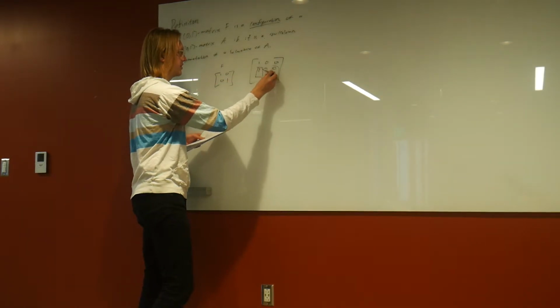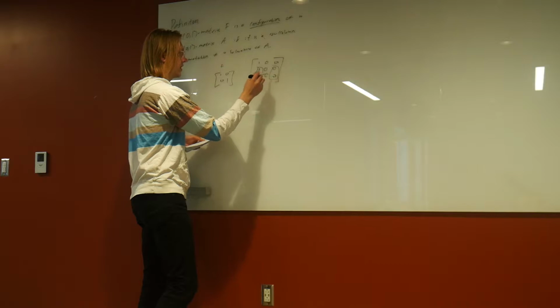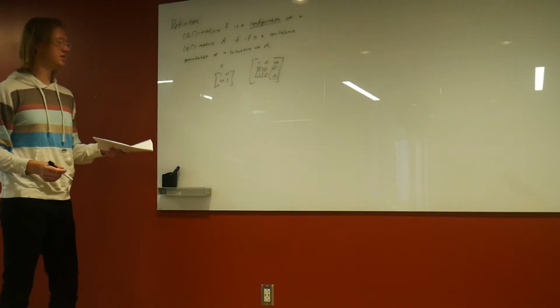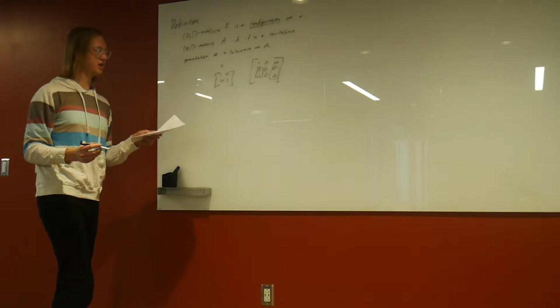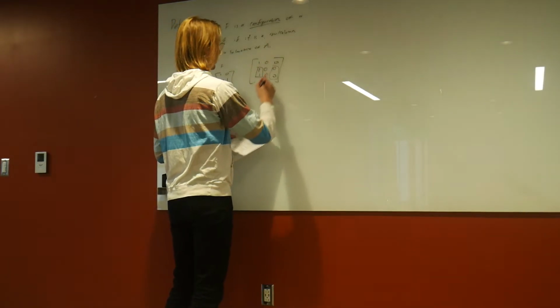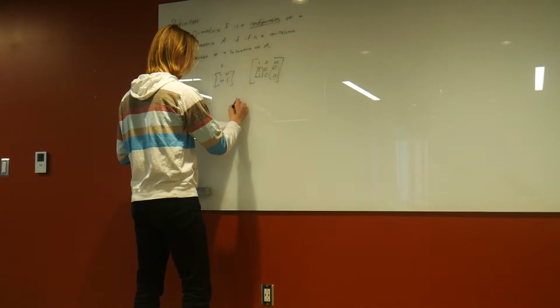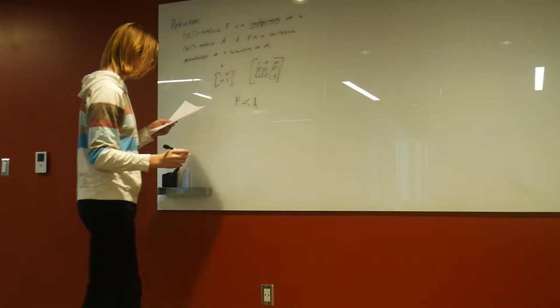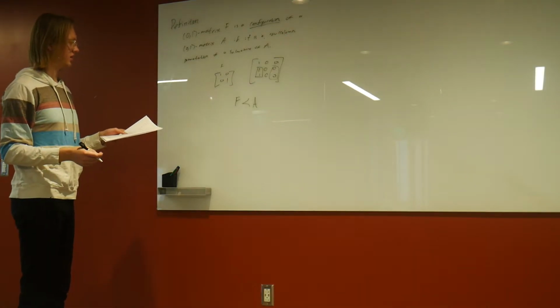So this could be a 1, this could be a 0, for example, and that's just a row column permutation of F. So in all these cases, A has F as a configuration. Sometimes we denote this like this, to say A has F as a configuration.